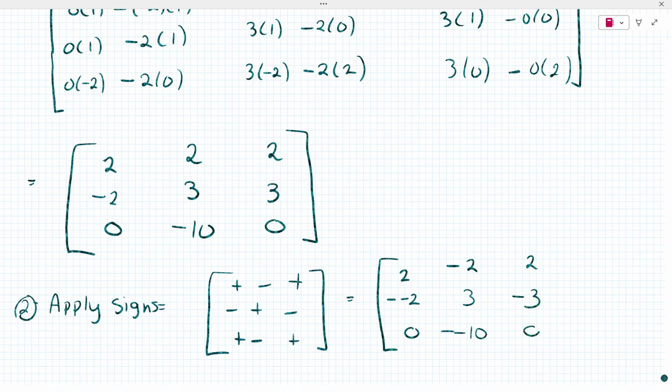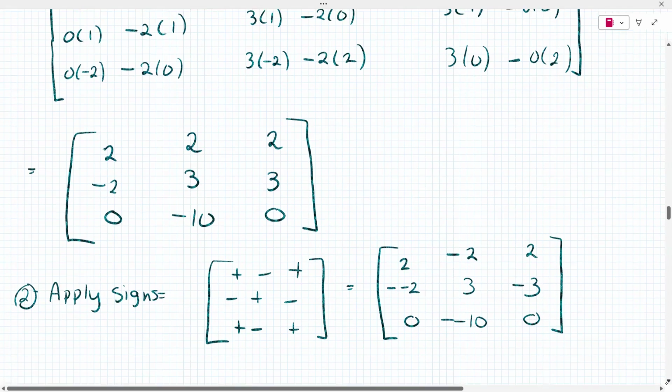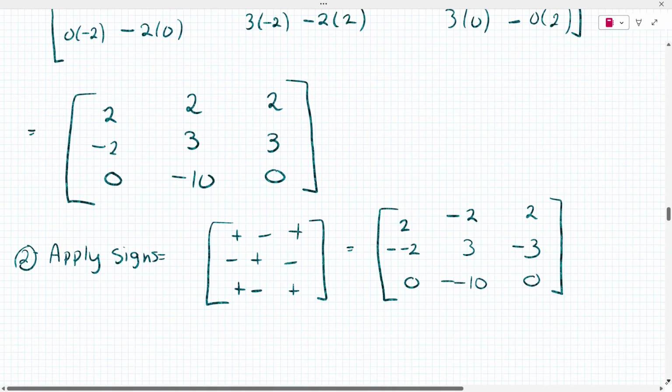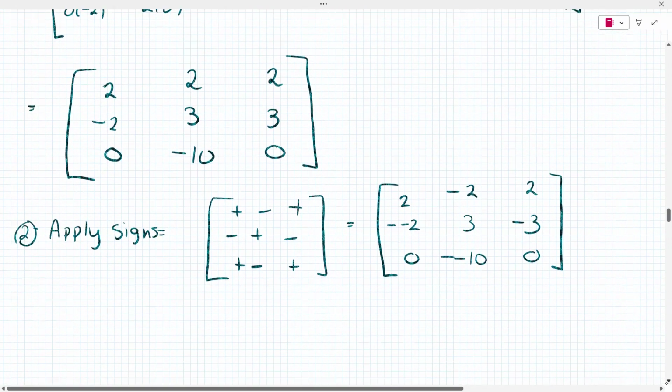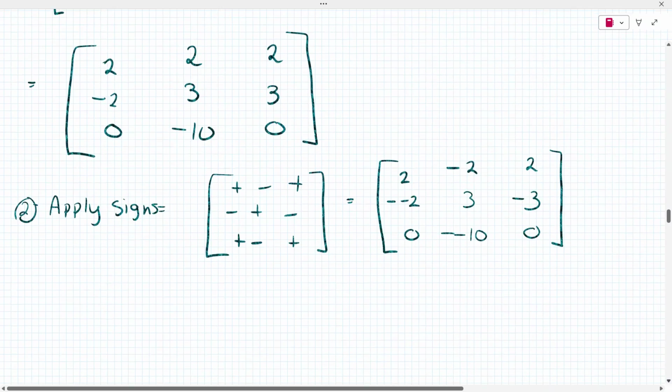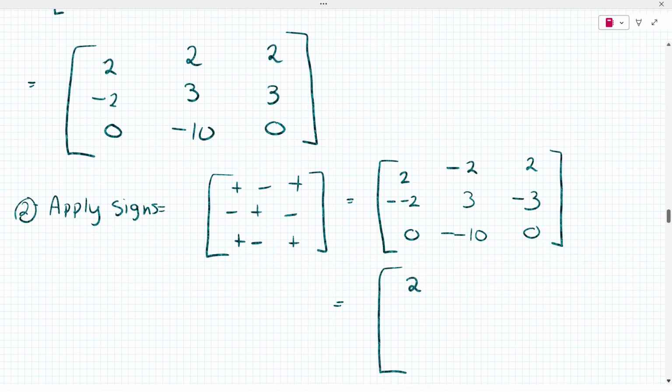This is 0. You get 2, positive 2, 0, -2, 3, positive 10.